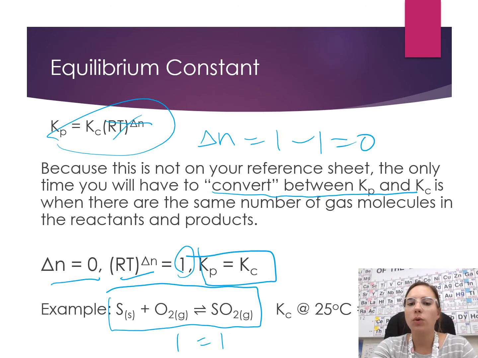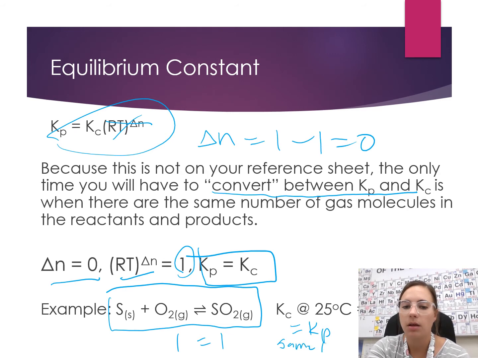If you are ever asked what is Kp or what is Kc when calculating the other one, you should look and see that there's the same number of gas molecules in the reactants as there are in the products. So if Kc for this equation also equals Kp, your justification would just be the same number of gas molecules.